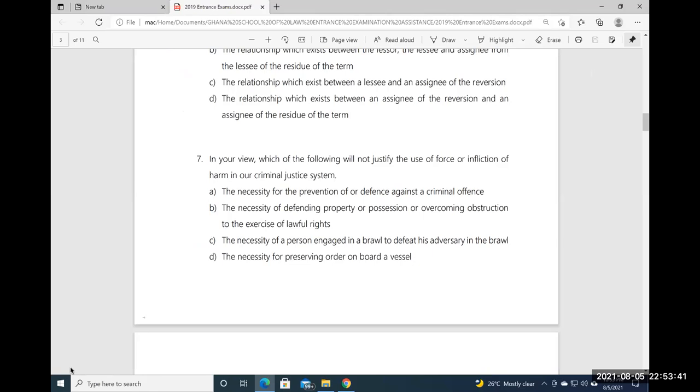It says that a person shall not be held to have deprived another person of his life in contravention of Clause 1 of this article, if that person dies as a result of a lawful act of war, or if that other person dies as a result of the use of force to such an extent as is reasonably justified in the particular circumstances. A. For the defense of any person from violence or for the defense of property. Or B. In order to effect a lawful arrest or to prevent the escape.